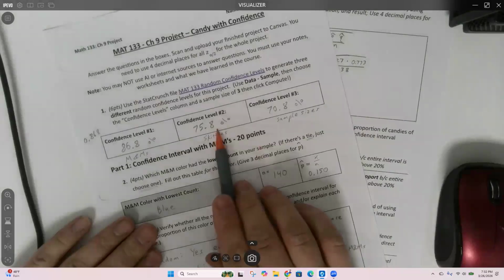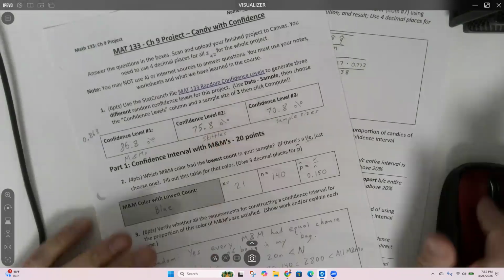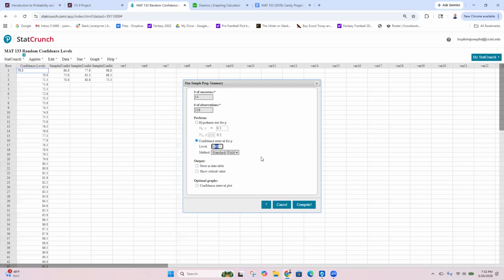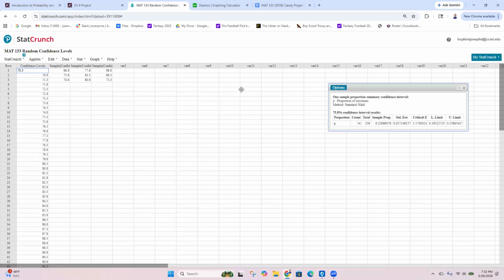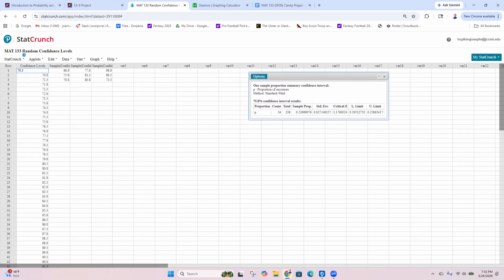So I'm going to use 75.8%, which as a decimal is 0.758. Click the button here so you can get your z, and we'll hit compute. Here's what I got. I'm going to write down my z value, my lower limit, and my upper limit.